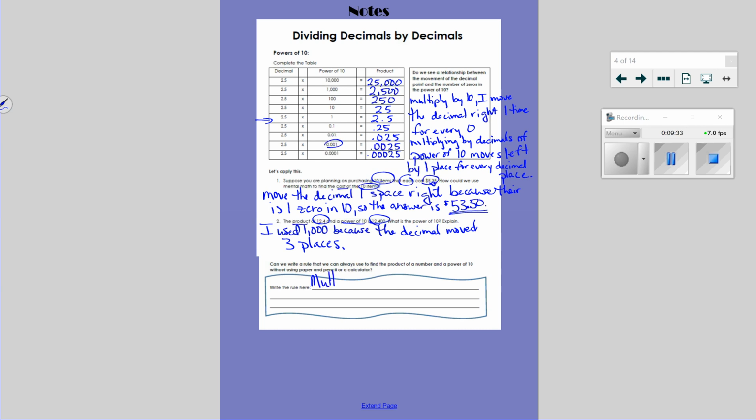Okay, multiplying by power of 10, I move the decimal. One space for every 0.